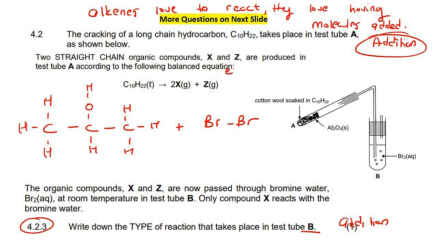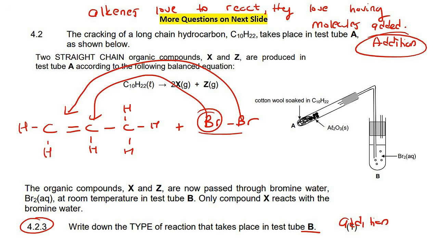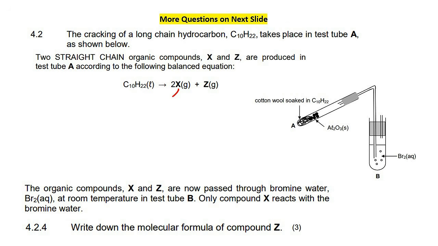So I'm just going to write it like that. I know it's Br2. So what would happen is you would originally have that, okay? And then one of the Brs would go there, and another Br would go there. So we're adding halogens. So you could also call this halogenation, like that. Okay, so once again, remember that X is an alkene.